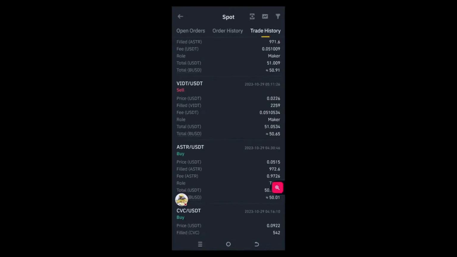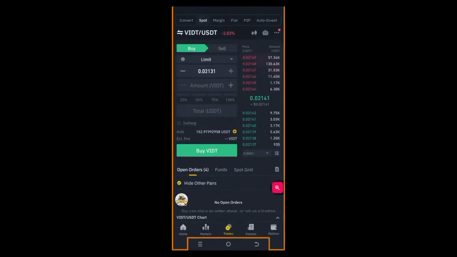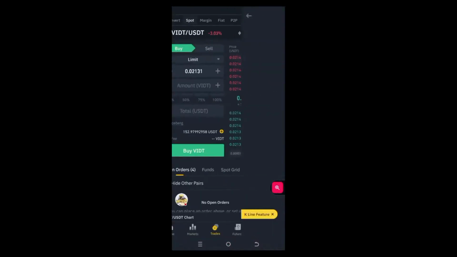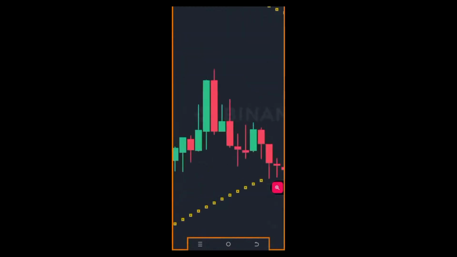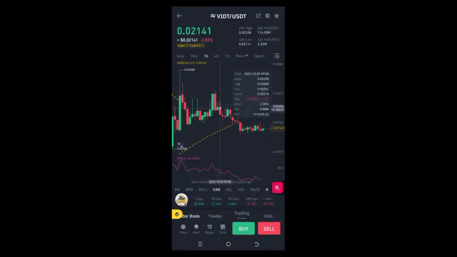So before I ship out the profit, let's look at it here again. Now look at what happened in the charts. Let's open the charts so that we can look at them very well. The area we're looking at is somewhere in this range.